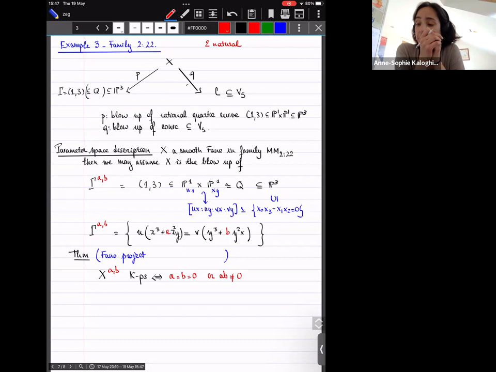In the case of 224, we have a P1 bundle on one side, a conic bundle on the other. So essentially the only relevant piece of geometric information is in the discriminant of the conic bundle.